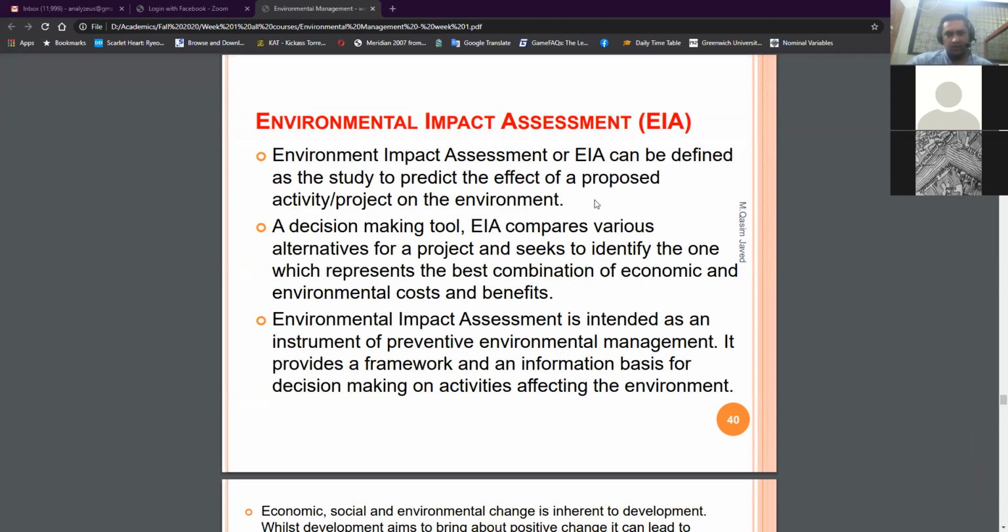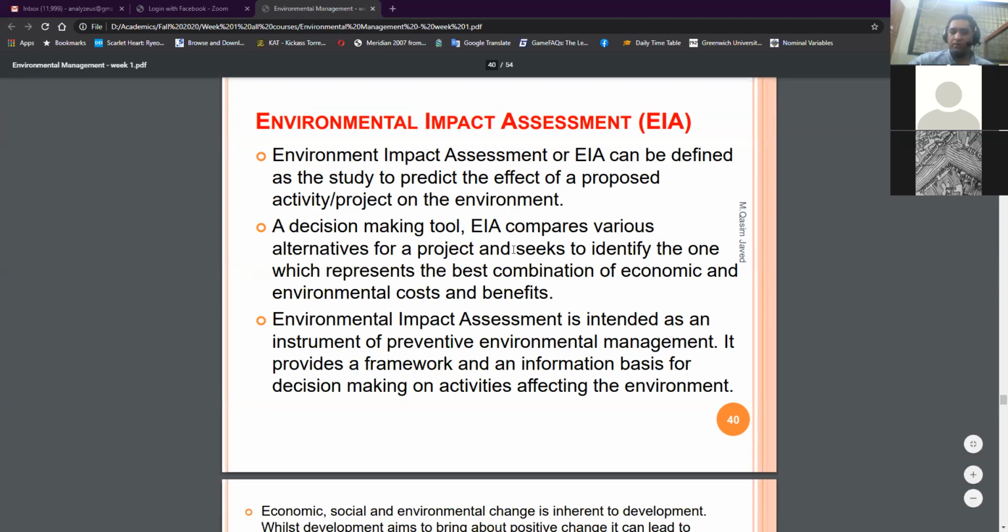In simpler terms, if we want to build a mall, a road, a structure or a factory, how will that affect the environment? A decision making tool, EIA compares various alternatives for a project and seeks to identify the one which represents the best combination of economic and environmental costs and benefits.